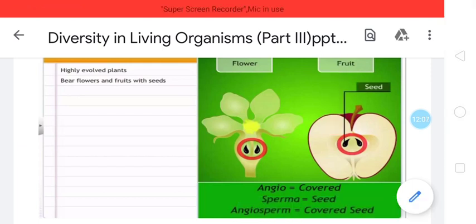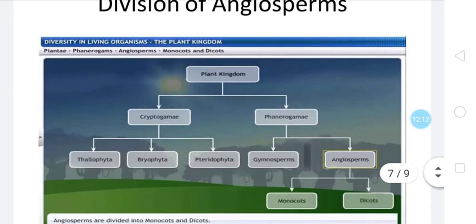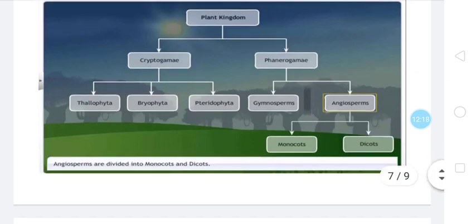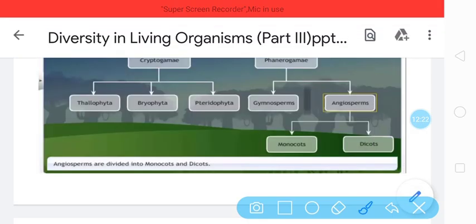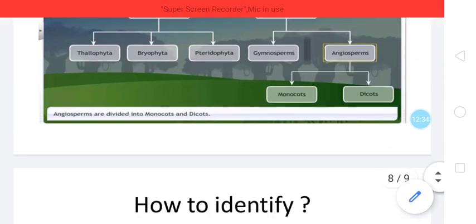So this was about angiosperms. Angiosperms are further divided into monocot and dicot. So you can see here monocot and dicot, these are the two divisions of angiosperms, okay. So what is meant by monocot and what is meant by dicot?